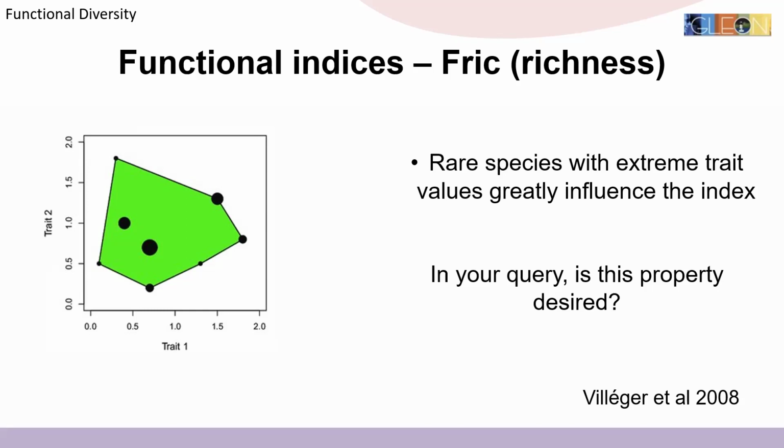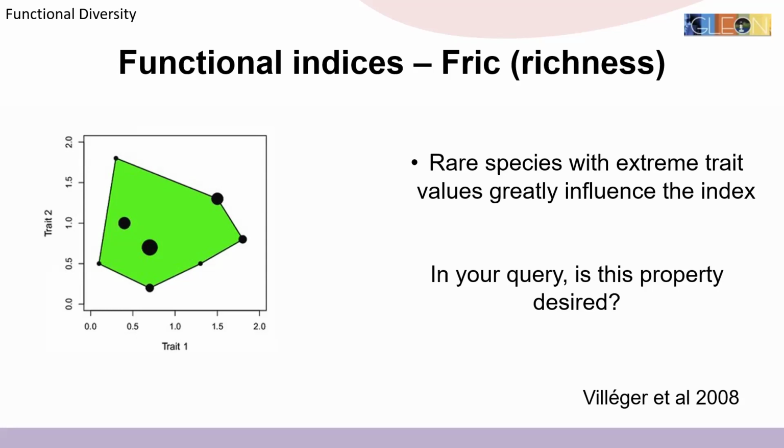In these indexes, the rare species with extreme trait values greatly influence the indexes. So if you have just some species that are very different in your community, in your sample, they are going to be in these extremes, and they are going to influence the index.